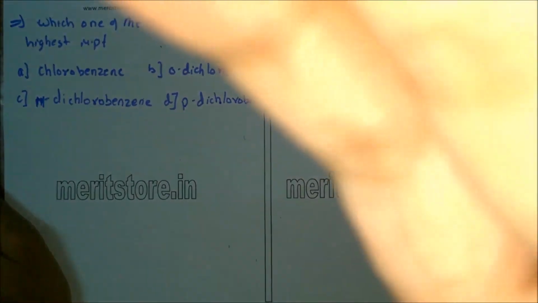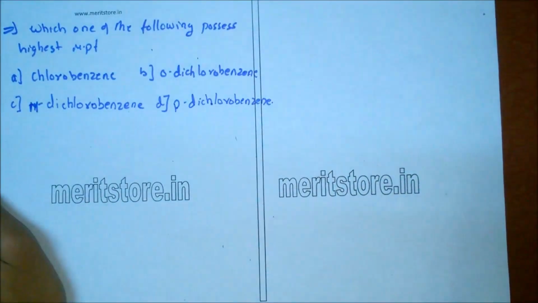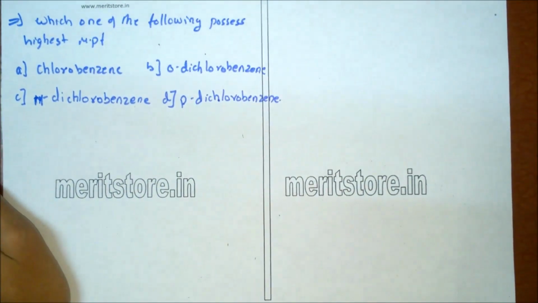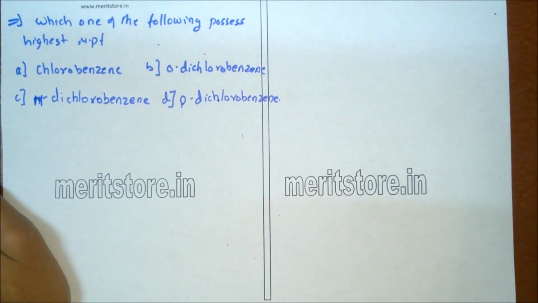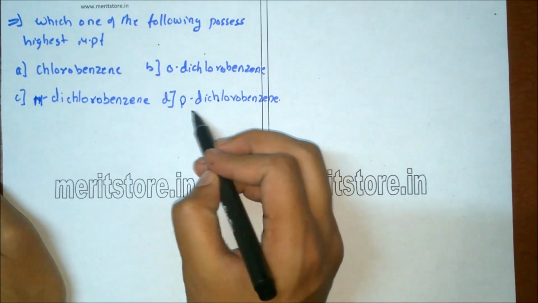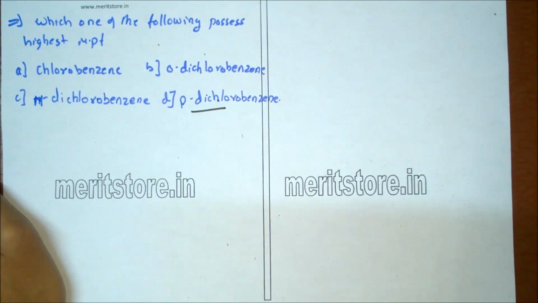Which one of the following has the highest melting point? A. Chlorobenzene, B. Orthodichlorobenzene, C. Metadichlorobenzene, D. Paradichlorobenzene. The paradichlorobenzene molecule has a symmetrical structure. It can fit well in the crystal lattice.